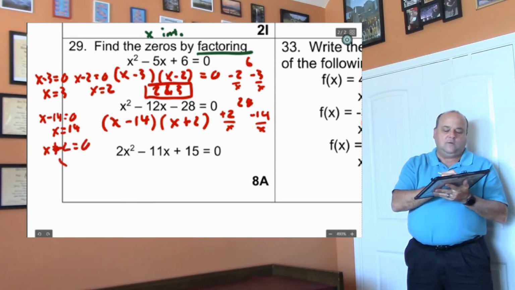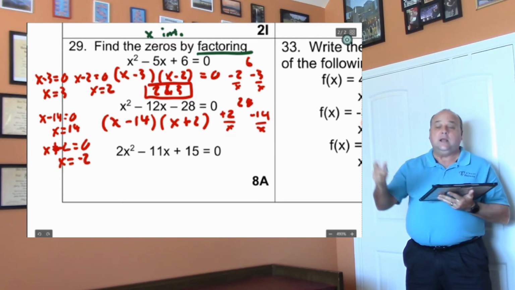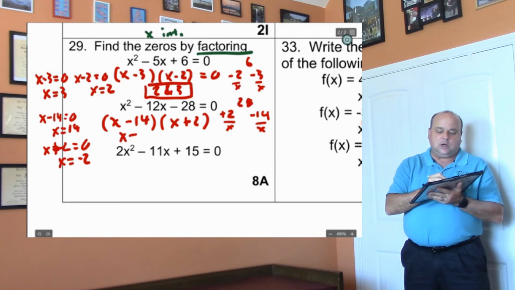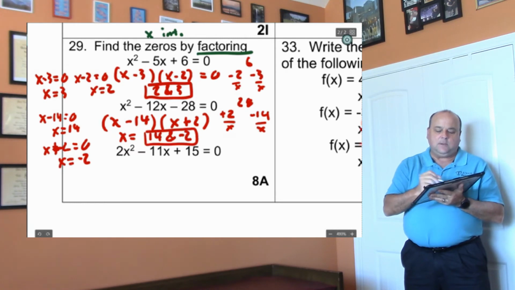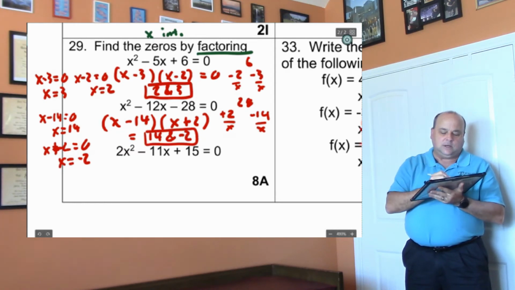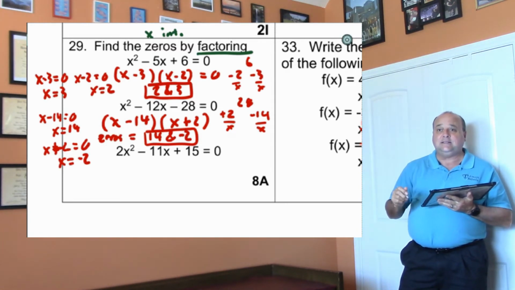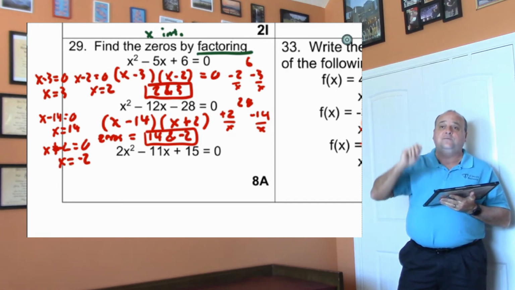If I move the 2 over, my zero will be -2. Basically, you flip the signs of your factors, don't you? So the zeros are going to be x equals 14 and -2, right? I'm going to put zeros right here. So at 14 and -2, this parabola will cross the x-axis. And you get that through factoring.